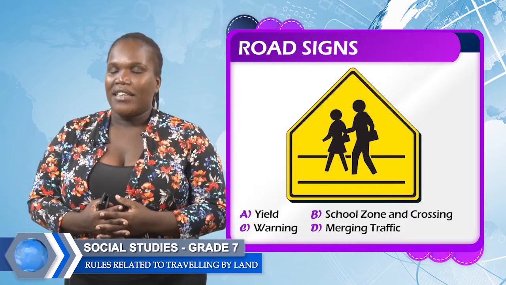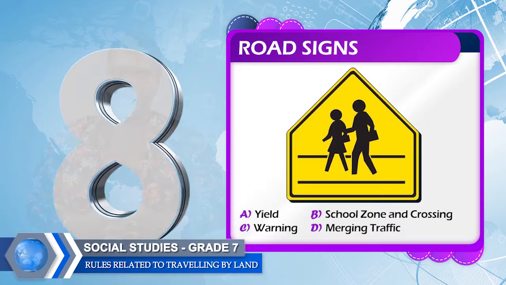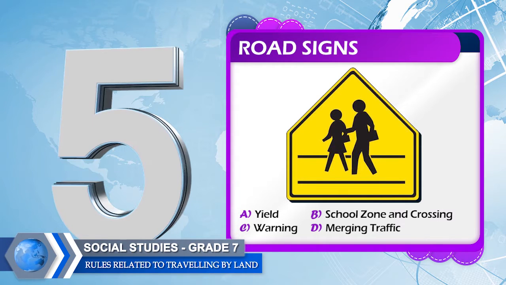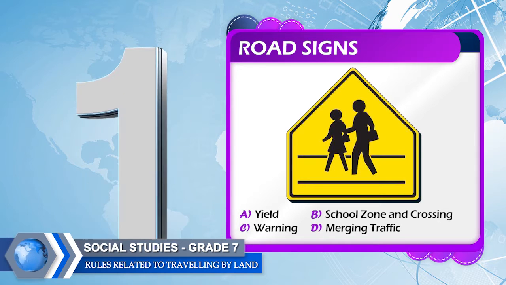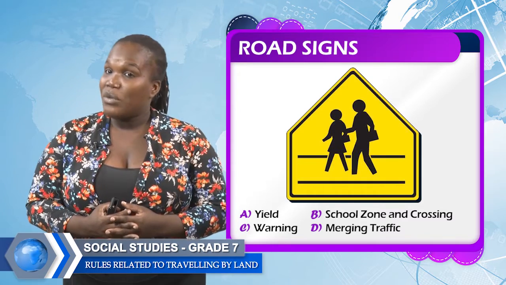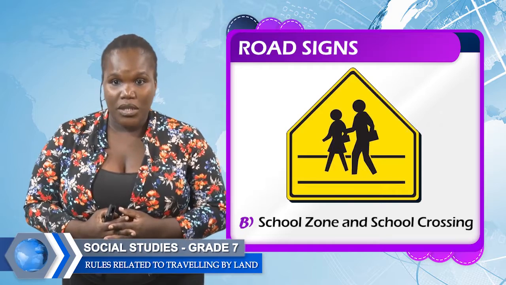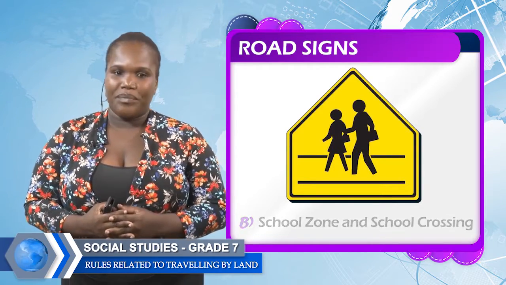Or D, is it saying this is emerging traffic? If you said B, the symbol represents a school zone or a school crossing, you're correct.